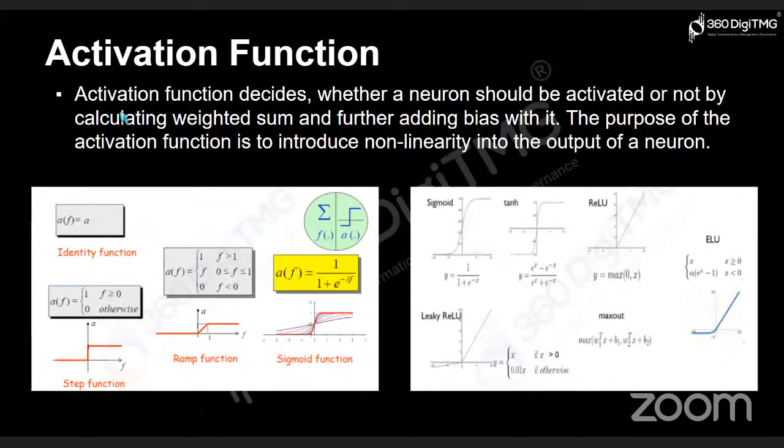Now what is an activation function? An activation function decides whether a neuron should be activated or not by calculating the weighted sum and then adding the bias to it.